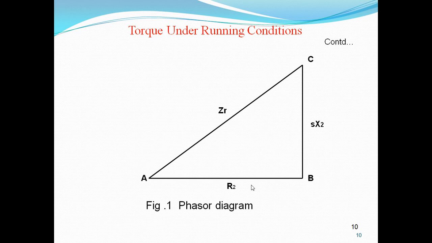Here R2 is the same, either in starting condition or running condition, because it does not depend on the frequency, whereas reactance changes because it depends on the frequency. So sX2 is the running condition reactance, Zr is the running condition impedance. Zr is equal to square root of R2 square plus (sX2) whole square, and this is the phase angle phi.